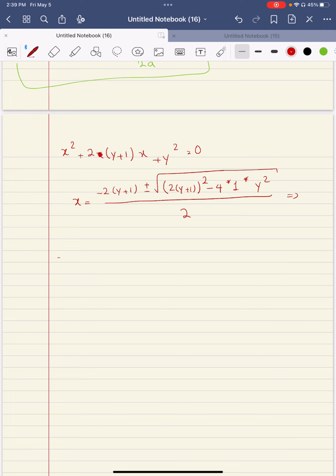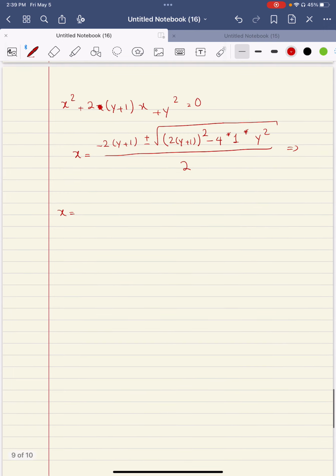Okay, let's make it a little bit more simplified. So x would be negative 2 times y plus 1, so negative 2y minus 2, plus minus root of 2 times y plus 1 to the power of 2, which would be 4 times y plus 1 to the power of 2, minus 4 times 1 times y to the power of 2, all over 2.